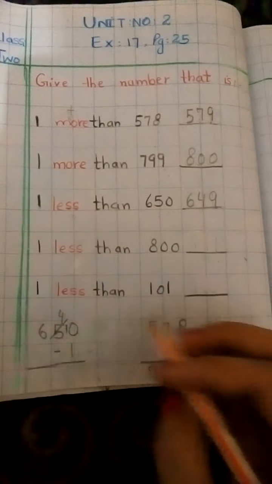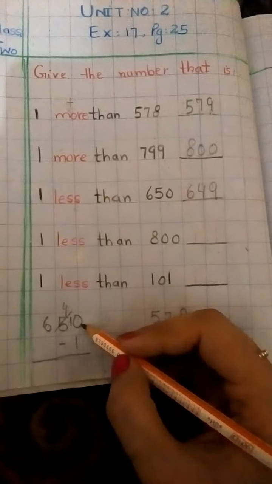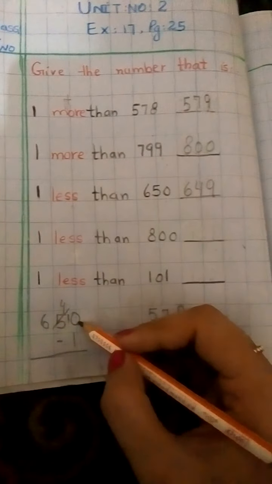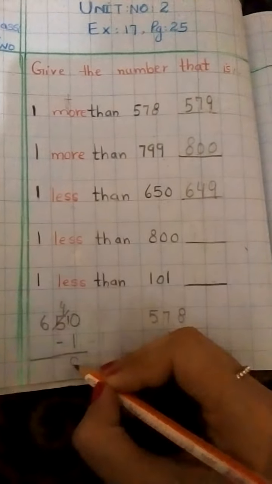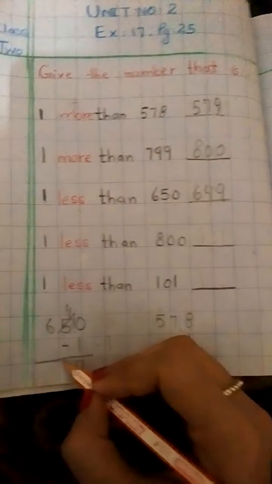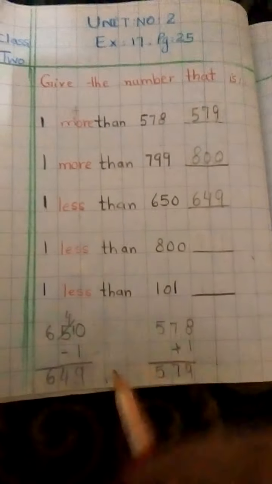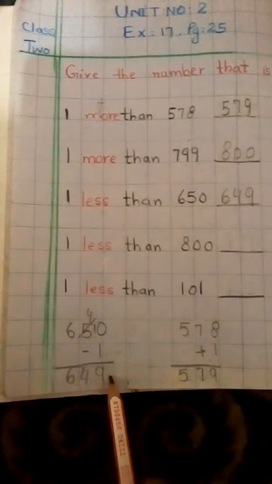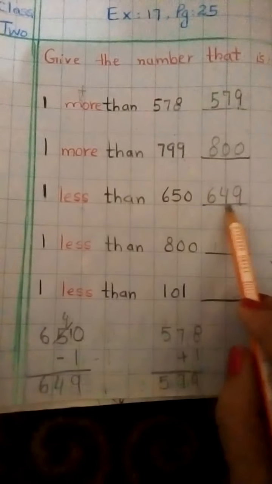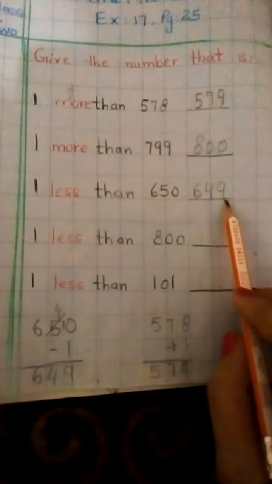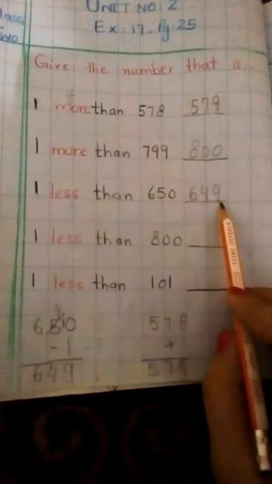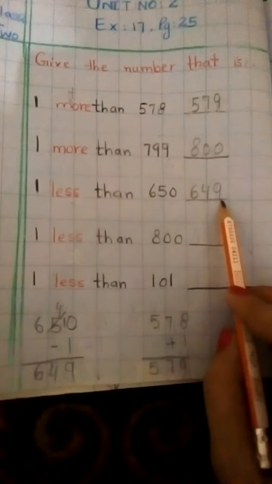Remaining number is 4. Now here is 10. When we will deduct one number from the 10, the answer will be 9. Here 4 and here 6. Now you can match this number 649 and here 649. Both answers are same. So you can do by using this method too.